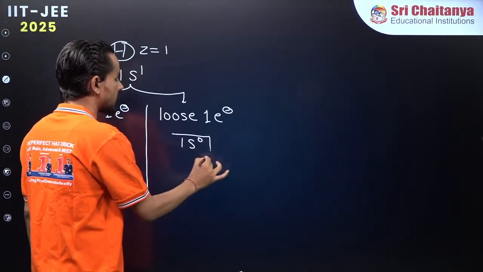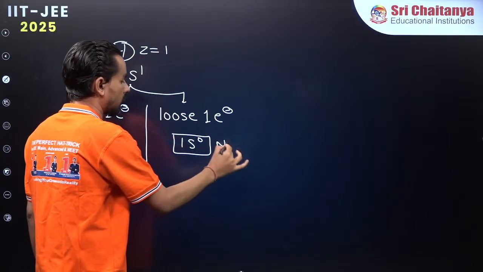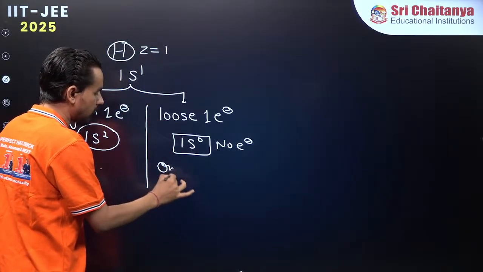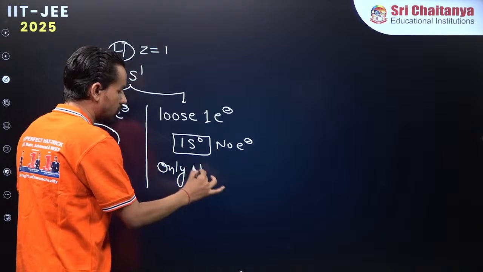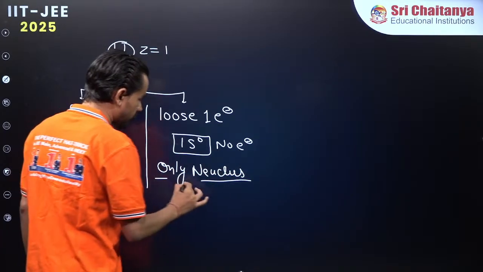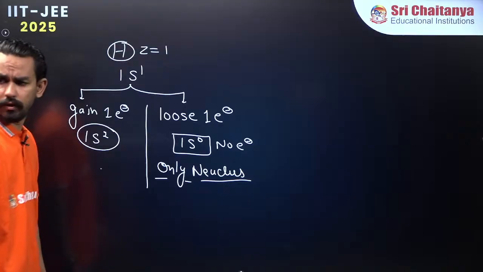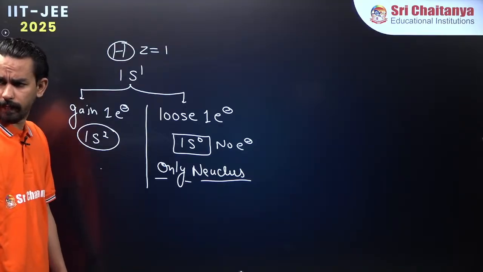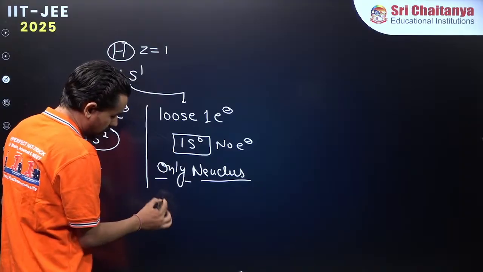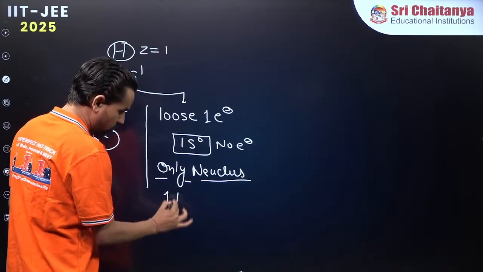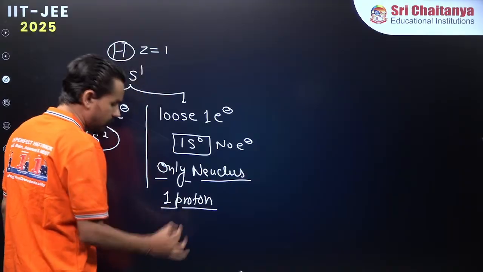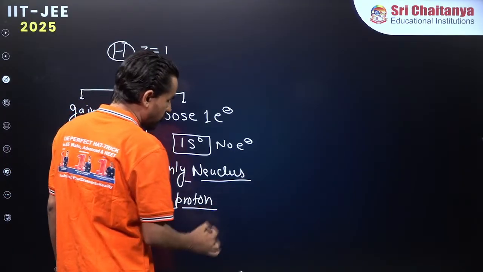Losing one electron is also possible, and what will it become? 1s0, that means there are no electrons at all. No electrons means only the nucleus, only the nucleus of hydrogen is there. Say yes or no? The hydrogen nucleus contains one proton only, nothing other than that, and that's why it is known as a proton.